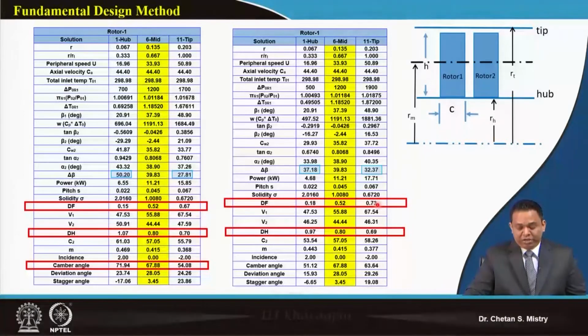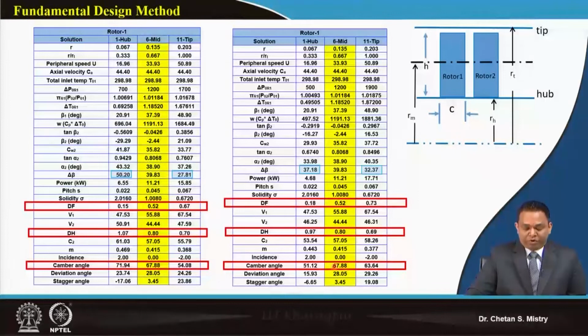Now in this case, I am improving my de Haller's factor in a proper way. At the same time, the camber angle has reduced from 51 at the hub to 63 at the tip region. Once we have finalized the two extremes and the mid station, we will be making the number of stations.